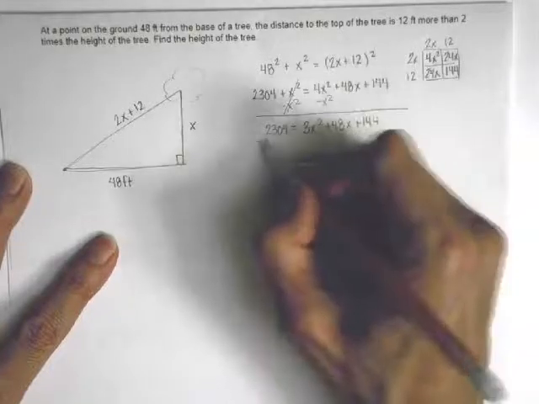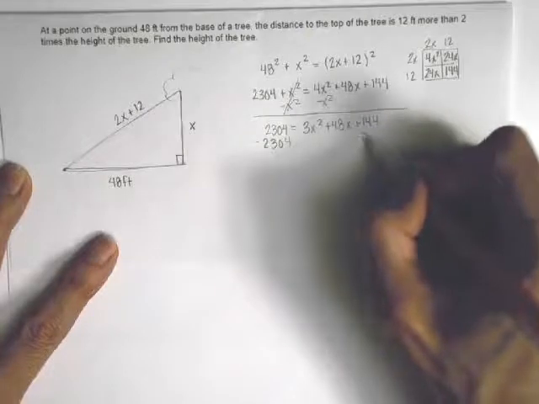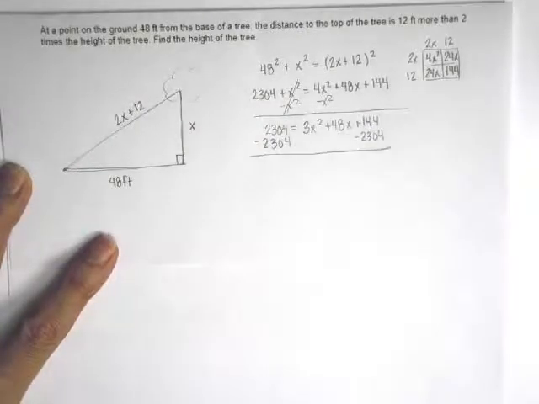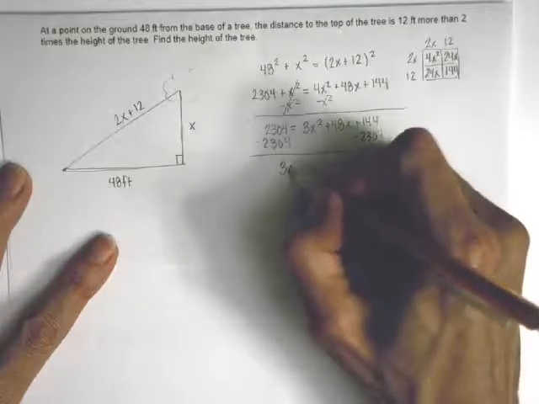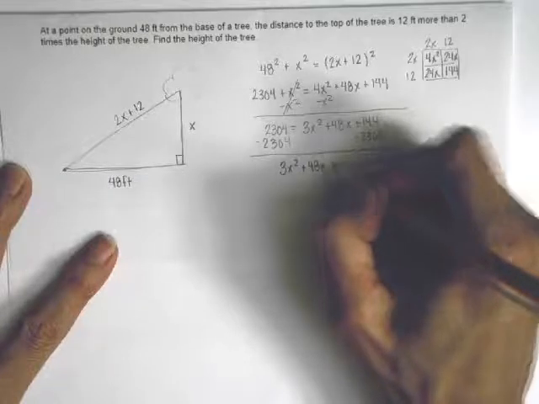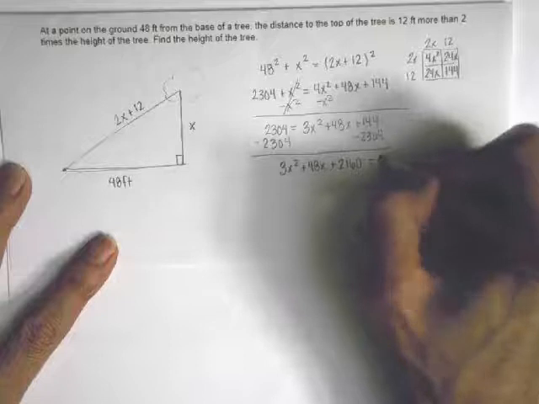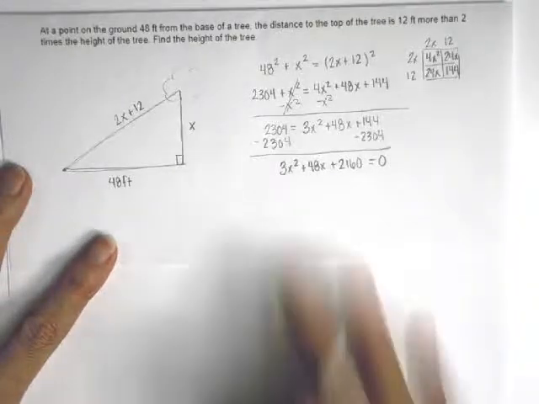And then I'm going to subtract the 2304 to the other side. So that gives me 3x squared plus 48x plus 2160 is equal to 0. Again, instead of factoring this, I'm going to use the quadratic formula.